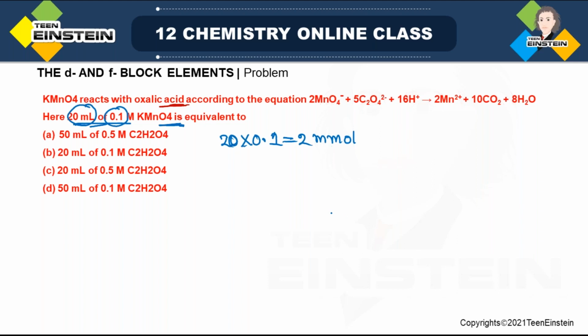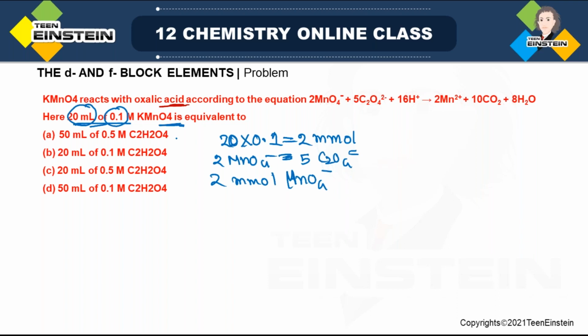Now 2 millimole of KMnO4, remember the relationship: 2 MnO4 minus is equivalent to 5 moles of C2O4 2 minus. So if it is 2 millimole of MnO4 minus, that must be equal to 5 millimoles of C2O4 2 minus.